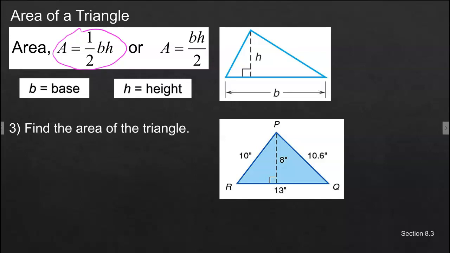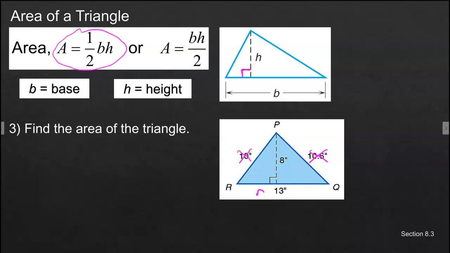The base is always going to be the side that is perpendicular to the height, and that's an important part of that because we have to figure out which numbers we need here. And so on this it says find the area of the triangle. Well, we don't need these lengths for area, right? If we're finding the area, then we simply need to know the base and the height. So this is our base.